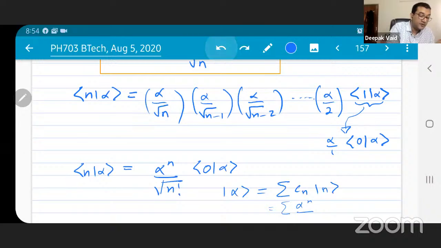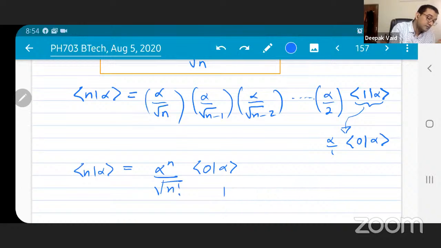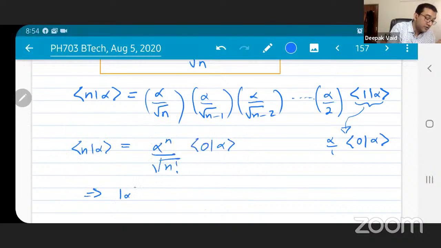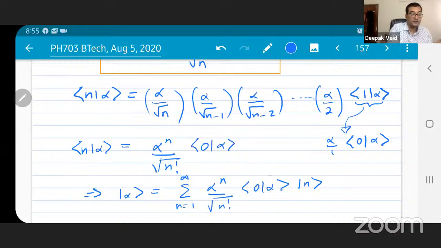Cn is alpha to the n over root of n factorial, and this is just a number, right?